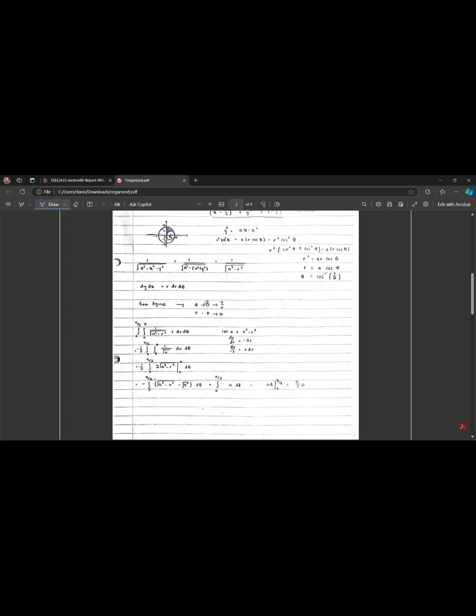So from the figure, we know that theta is from 0 to pi over 2, which is 90 degrees, and the r there is 0 to a, from the middle to the side a.